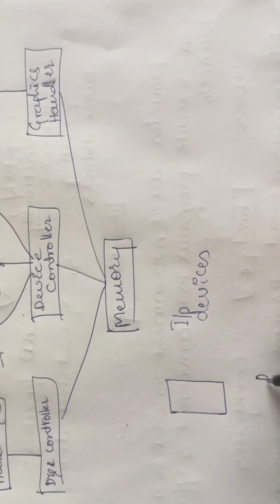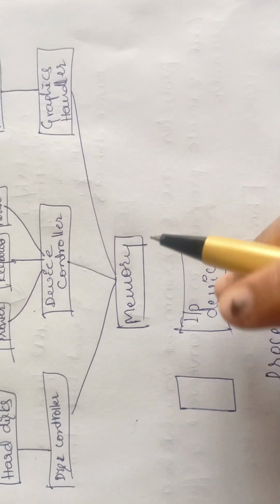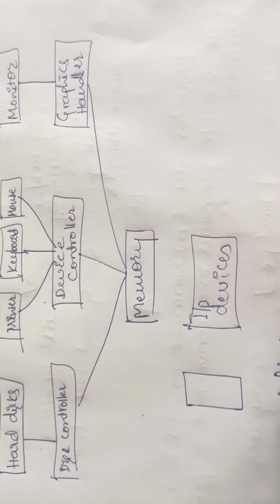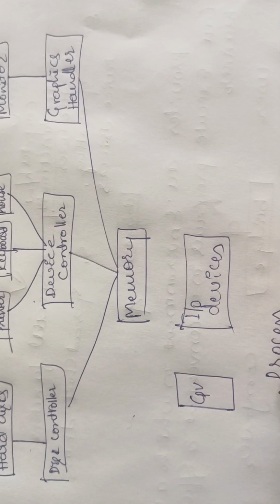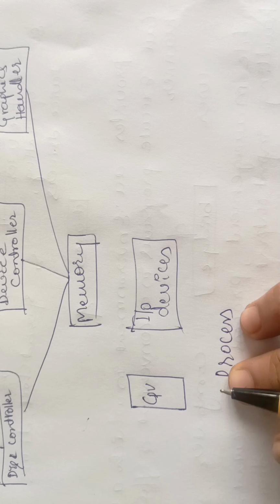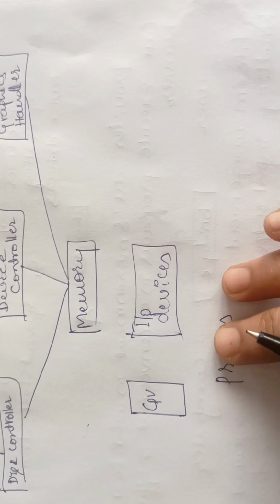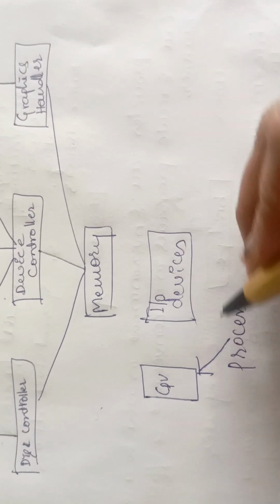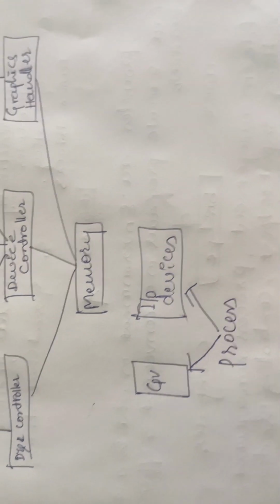Whatever processes or work has to be done by the system, some of the processes are scheduled to the CPU and some of the processes are scheduled to the input output devices.